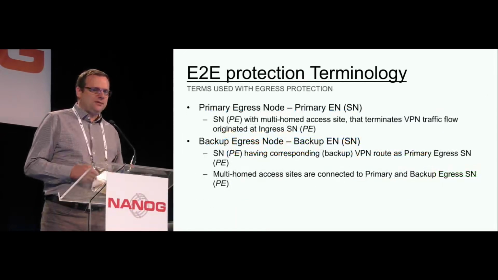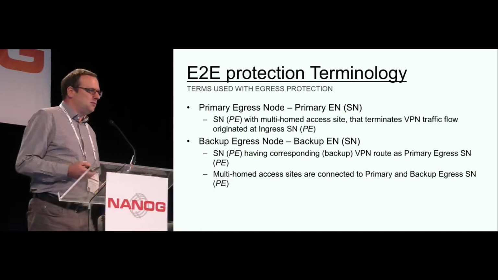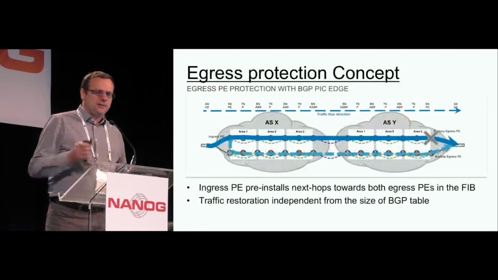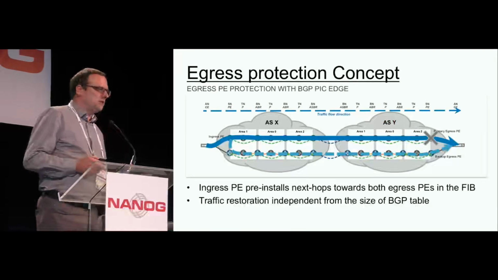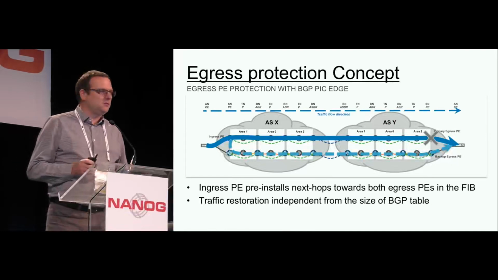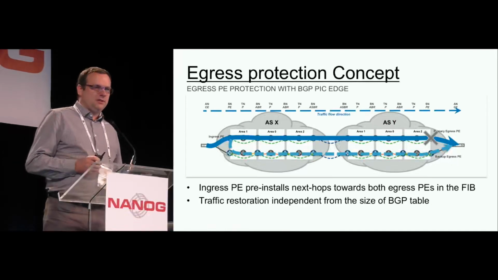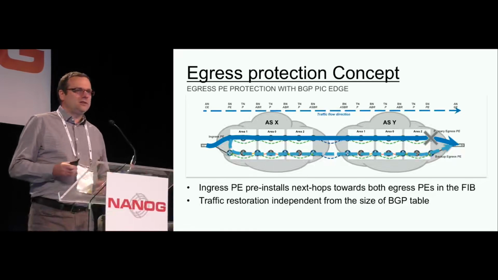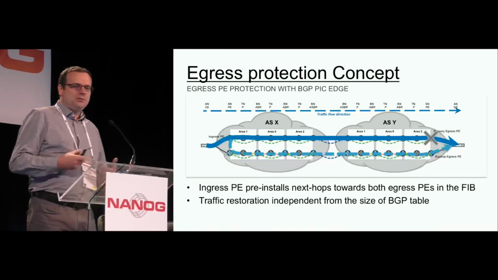But we have as well the egress protection. Egress protection is protection against the failure of the egress node. We can define a primary and a backup egress node. Here on your right side, you have the primary egress PE and the backup egress PE, and you would like to protect the traffic against the failure of the primary egress PE. How can we do that?